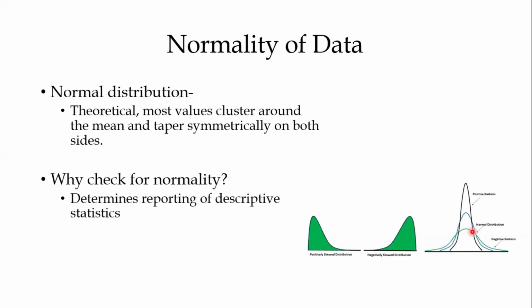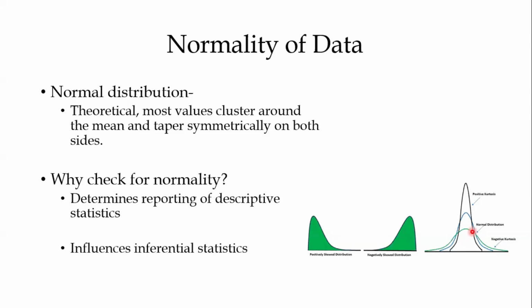The other reason why you need to understand this is that it trickles down to when you're doing inferential statistics. Data that is normally distributed is subjected to completely different inferential statistics compared to data that is not normally distributed. So if you don't get this concept of normality of data initially when you're doing your descriptive statistics, it will affect how you do the inferential statistics, and you may end up with erroneous results, right?